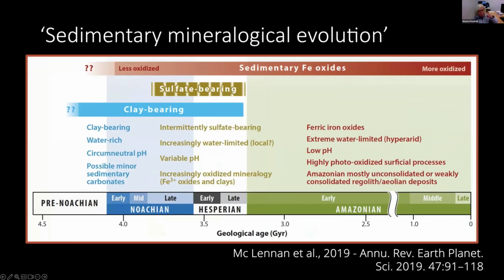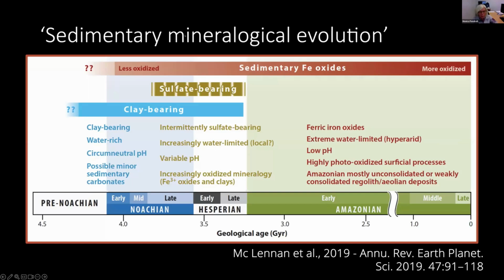And if we put together the geomorphological characteristics of these deposits, together with the mineralogical hints that we can derive from spectral data, together with the stratigraphy, we can derive this kind of sedimentary mineralogical evolution.